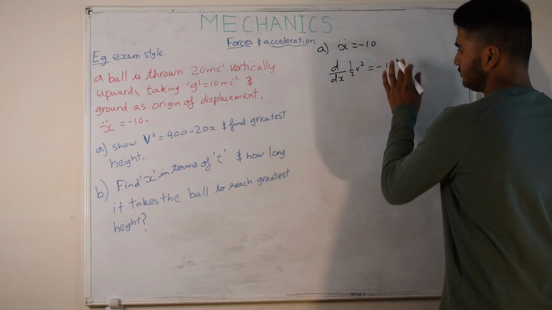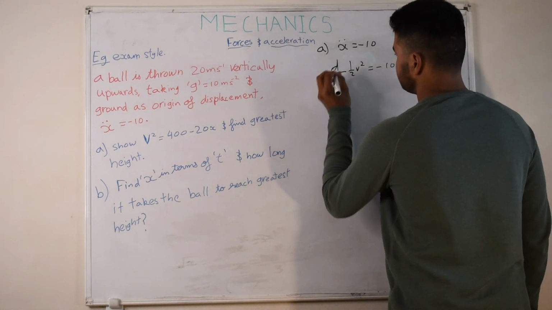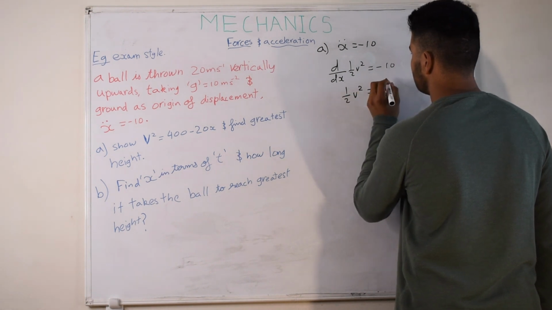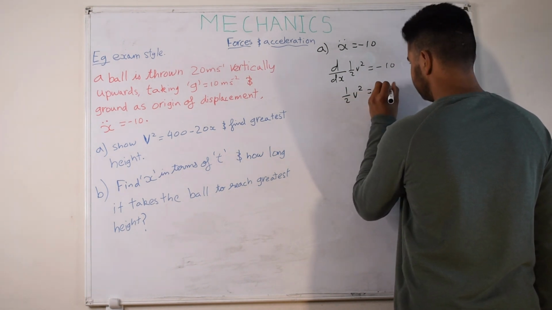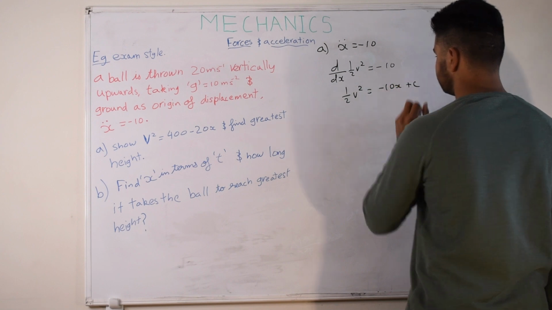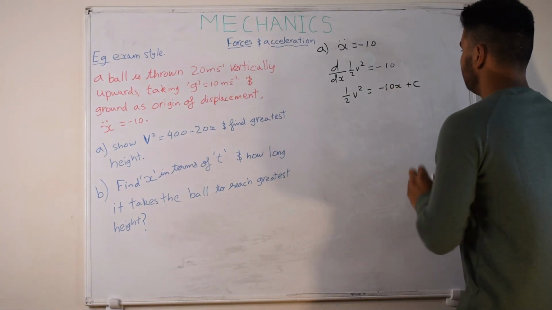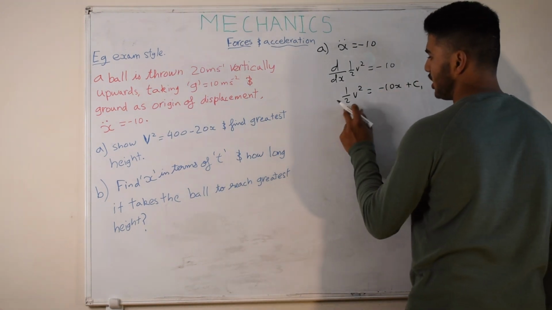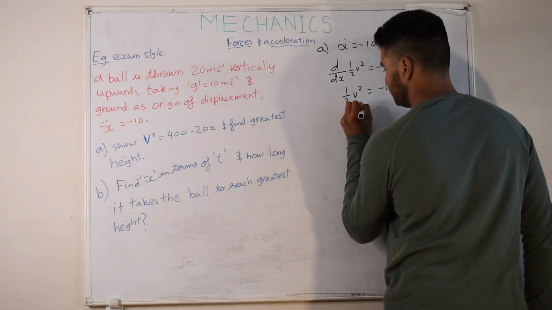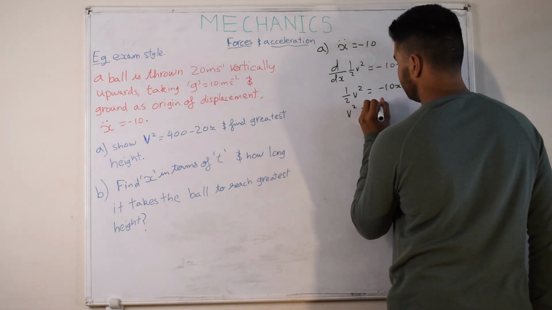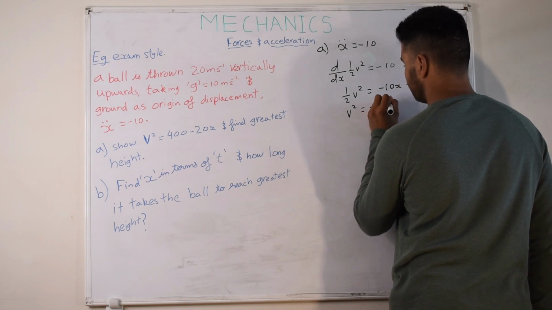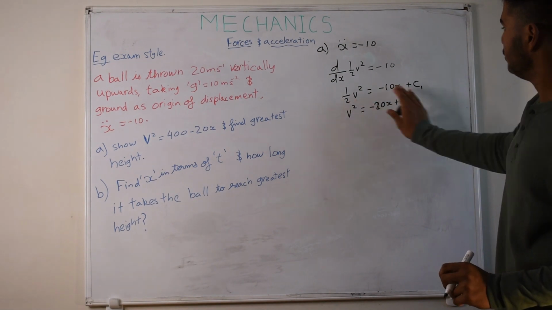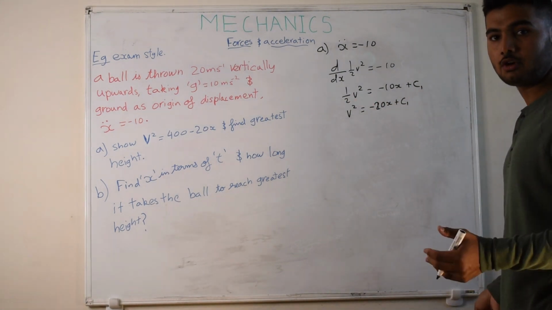Correct? Integrate both sides, we get half v squared equals -10x plus c1, times 2 on both sides. We get v squared equals -20x plus c1. When we multiply a constant by 2, it still remains a constant, so we'll just leave it as c1.